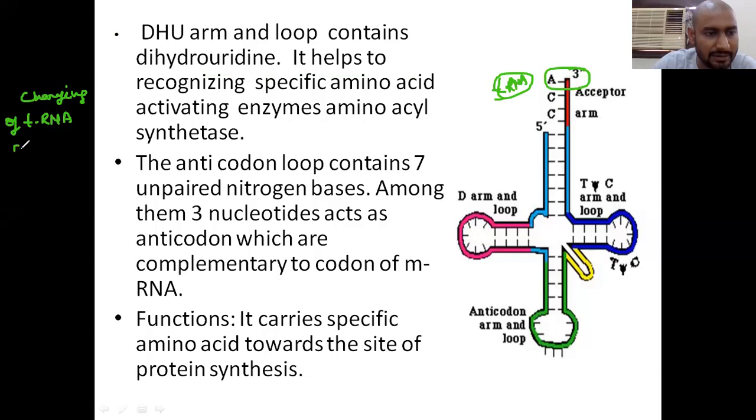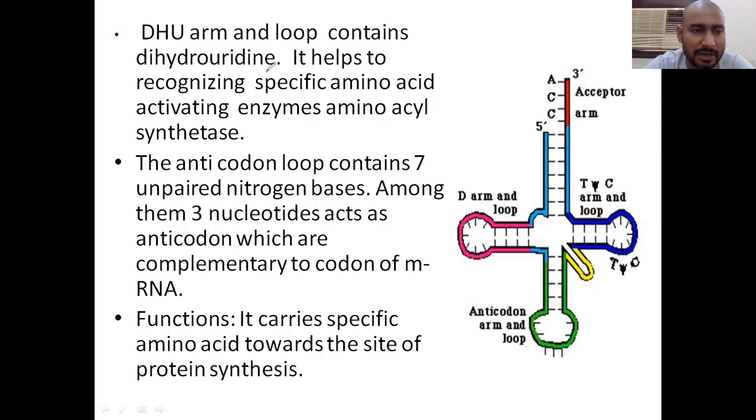When the tRNA has an amino acid attached with it, at the 3' end, the acceptor end of the tRNA, now the tRNA behaves as a charged tRNA molecule.